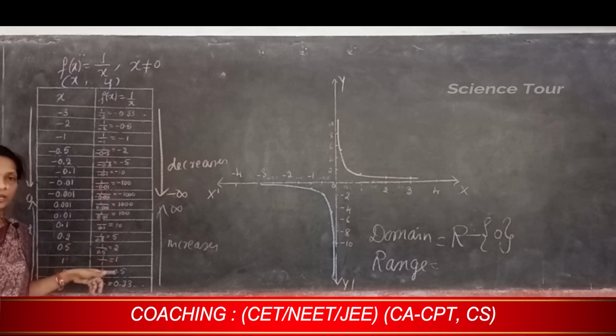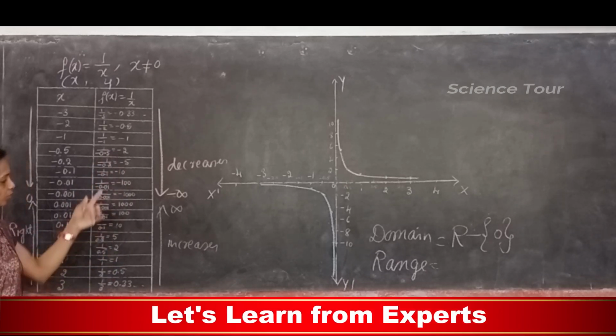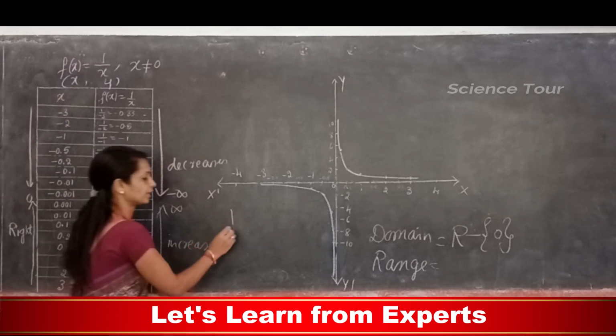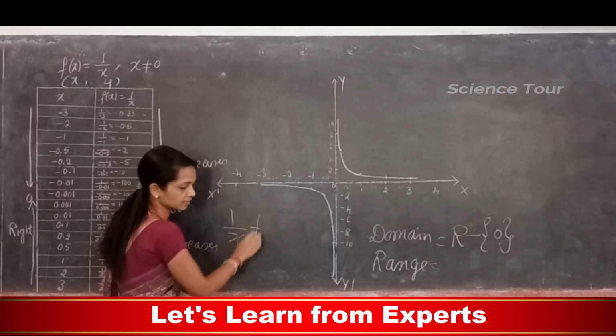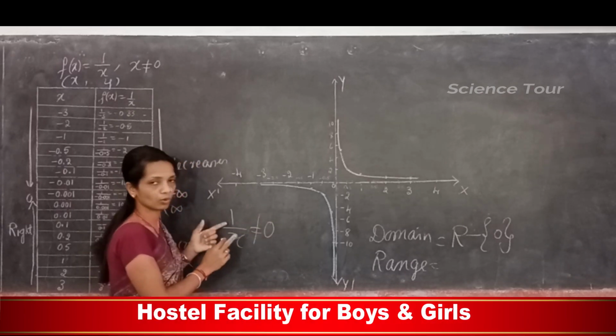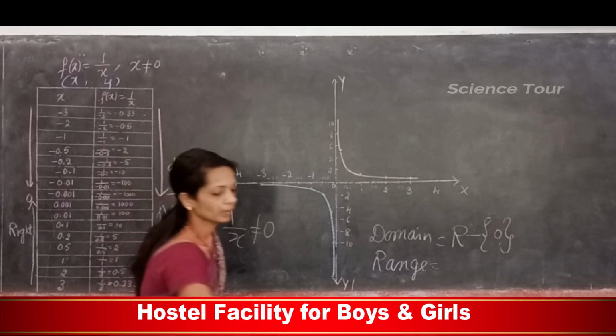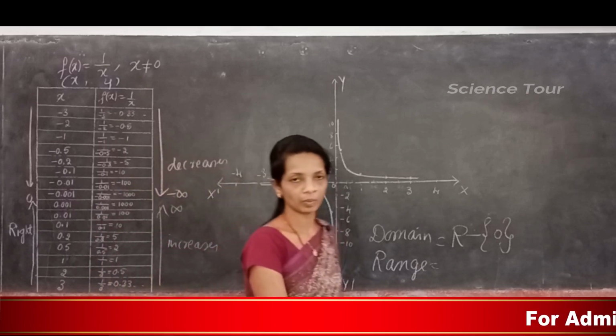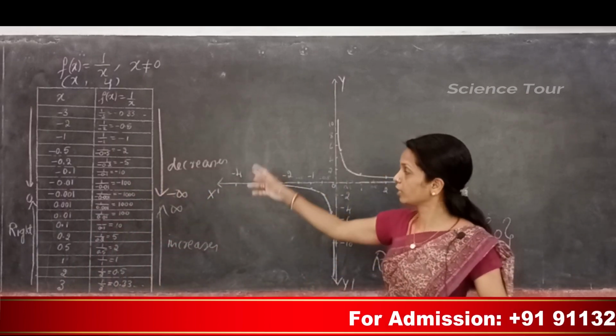Can you see any 0 in the f of x column? You cannot see 0. 1 by x is never equal to 0 for any value of x. So f of x never takes the value 0, but it takes any positive or negative value.